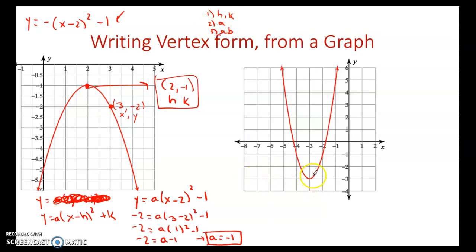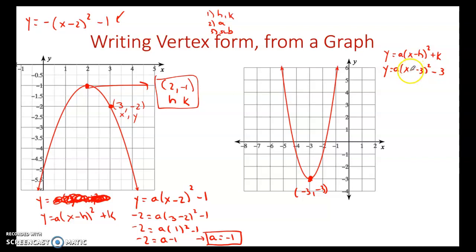So here, again, the general form is y equals a times x minus h squared plus k, and my vertex is -3, -3. Put that in for h and k, so you have y equals a times x minus -3 squared minus 3.